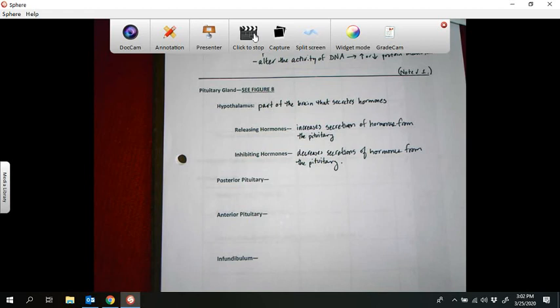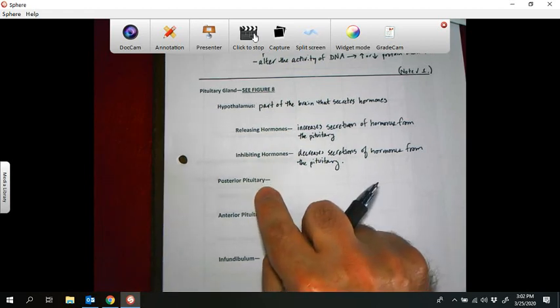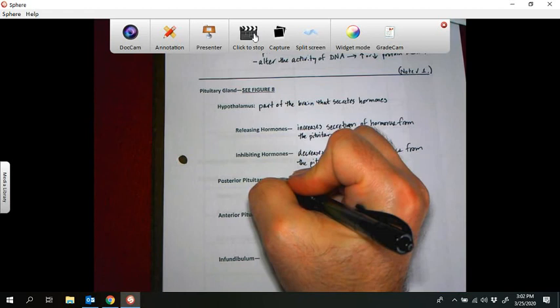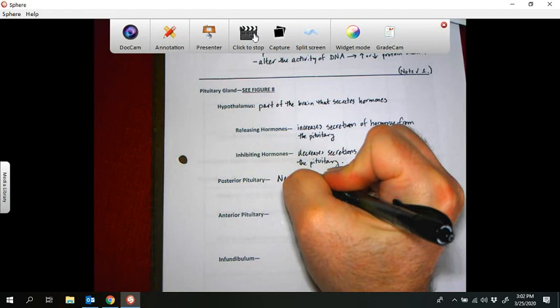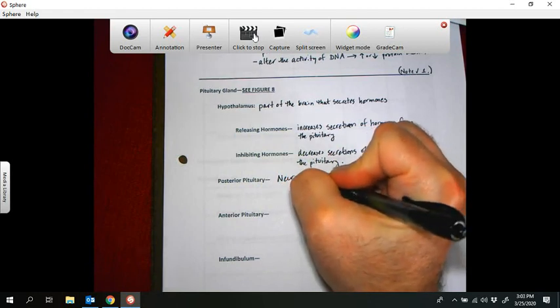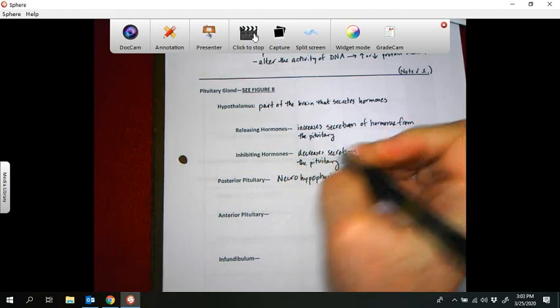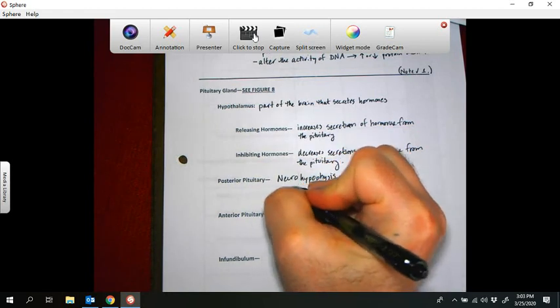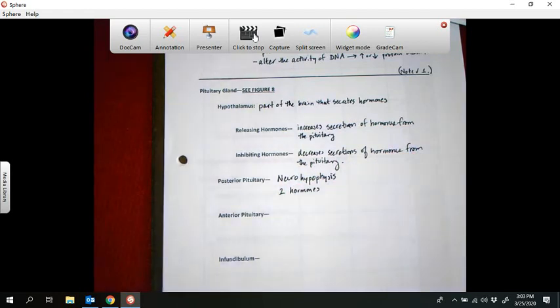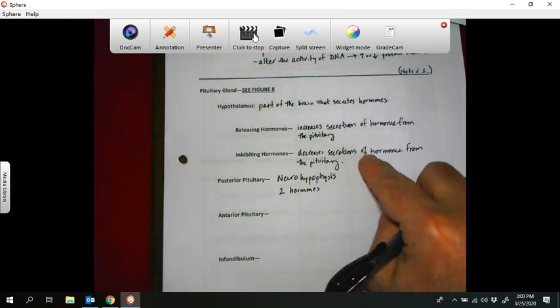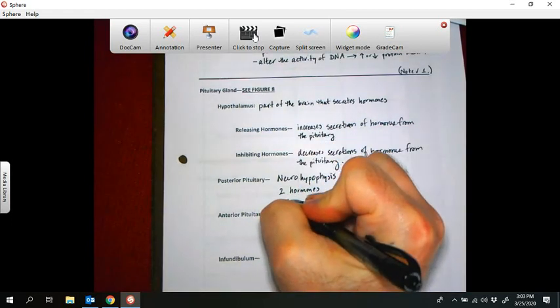The posterior pituitary is also called the hypophysis, and it secretes two hormones. And this one is not under what we're going to call the hypothalamo-hypophyseal portal system. This one does not work with releasing hormones and inhibiting hormones. This is based on nervous stimulation.